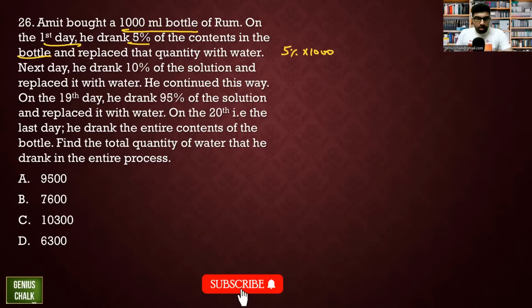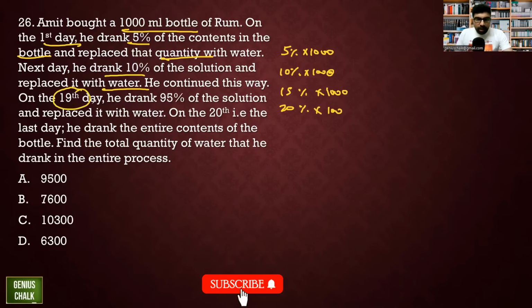And then replaced. Second day, he drank 10% of the total 1,000, because whatever 5% he drank, he replaced that back. So 10% of the total now. And similarly, on the third day, he will be drinking 15%, then 20%, and so on.